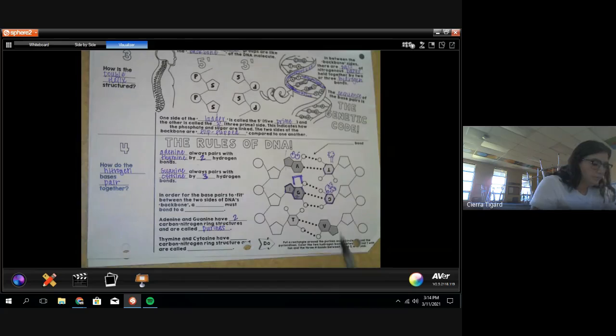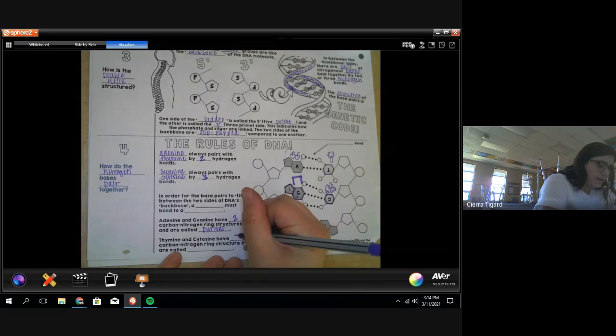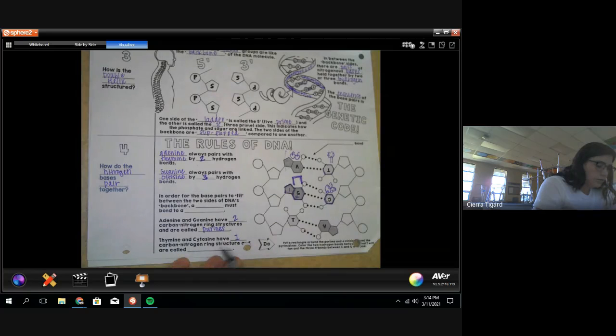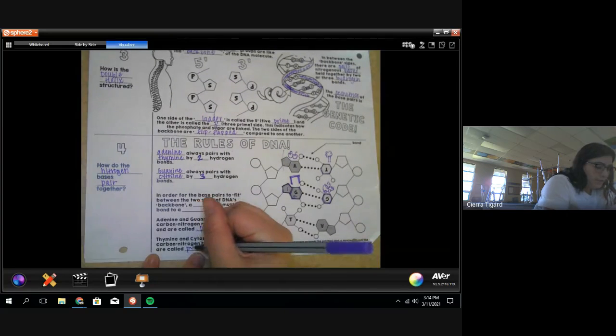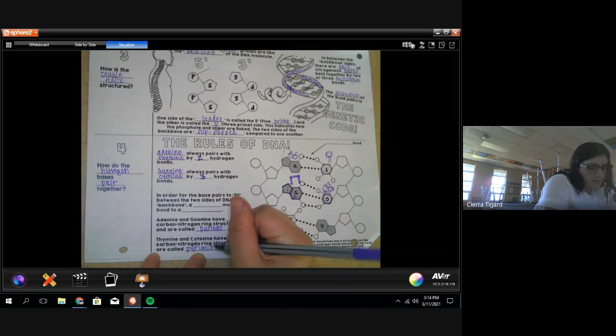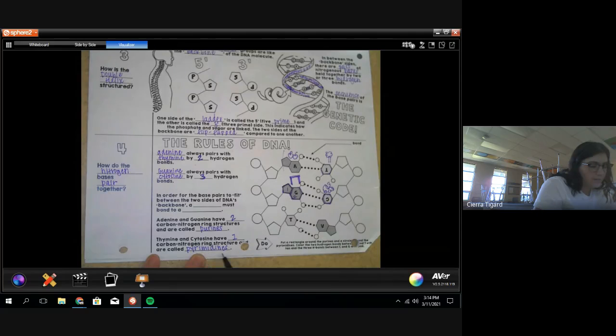Purines. Then we also have our 1 ring structure. So thymine and cytosine have 1 carbon nitrogen ring structure and are called pyrimidines. Pyrimidine. That's a lot of I's in one word. Pyrimidines, because it has 1.